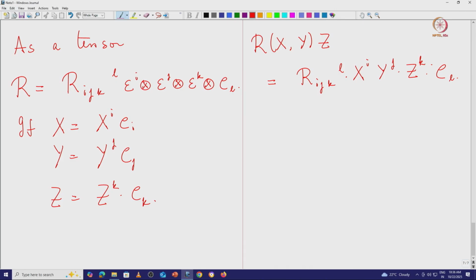So that's the local expression of my Riemann curvature endomorphism.